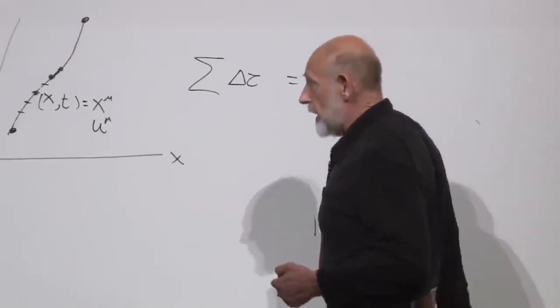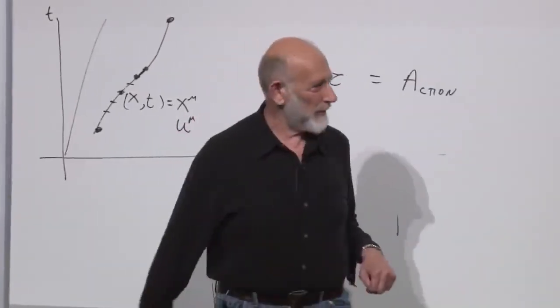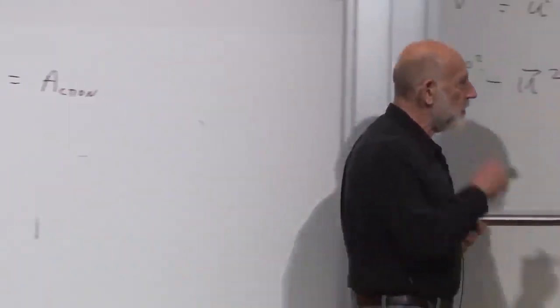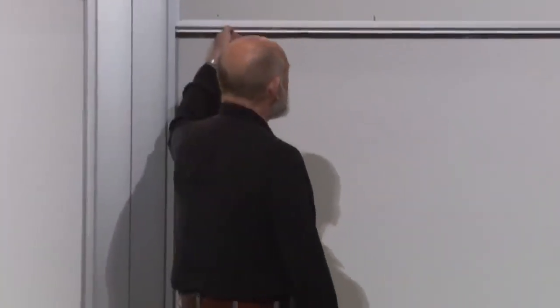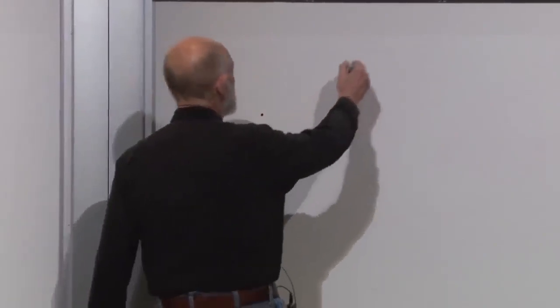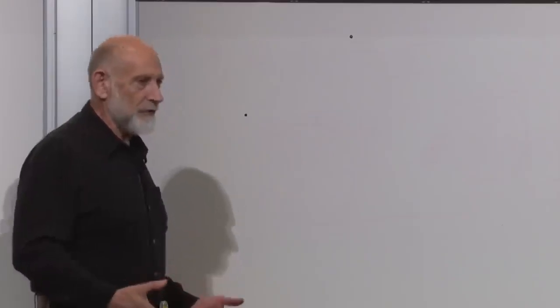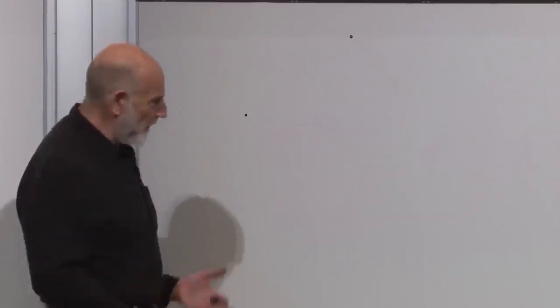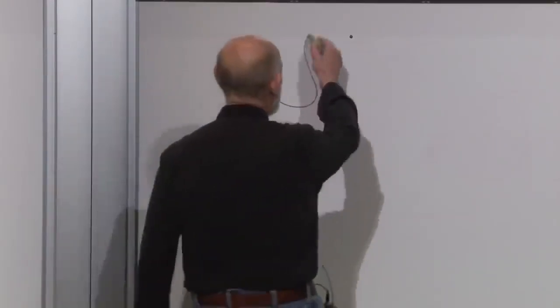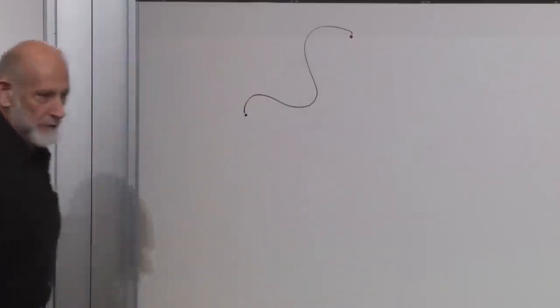So, for example, this is entirely analogous to the following idea. Supposing I am interested in the shortest distance between two points on the blackboard, what do I do? Obviously I search for the curve which has the shortest distance between the two points.